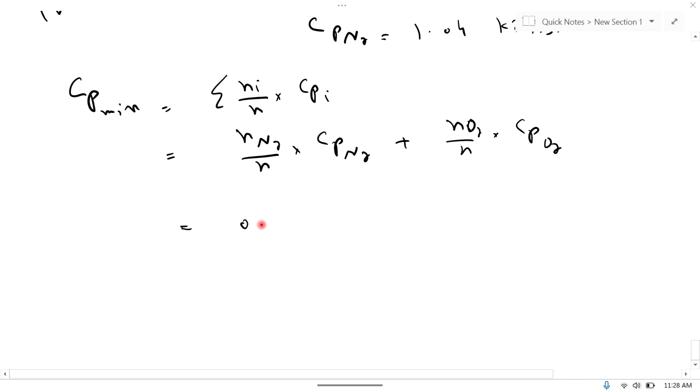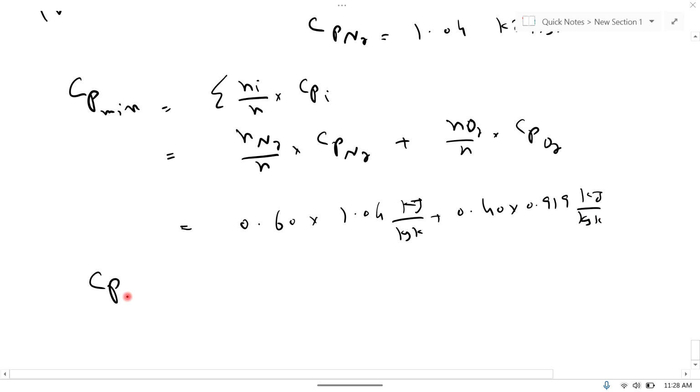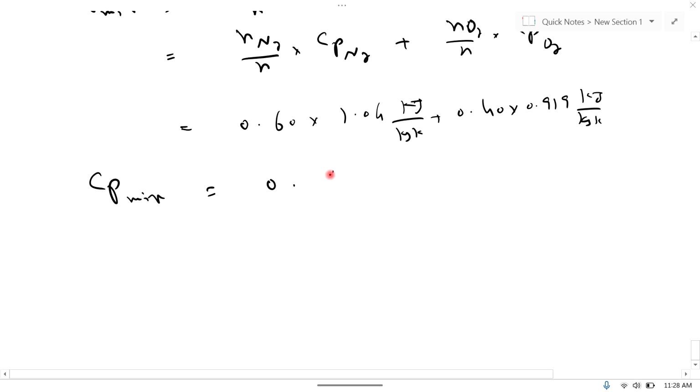This is 0.60 multiplied by 1.04 kilojoule per kilogram per Kelvin, plus the mole fraction of oxygen, which is 40%, 0.40, and Cp of oxygen is 0.919 kilojoule per kilogram per Kelvin. So Cp of the mixture is 0.99 kilojoule per kilogram per Kelvin.